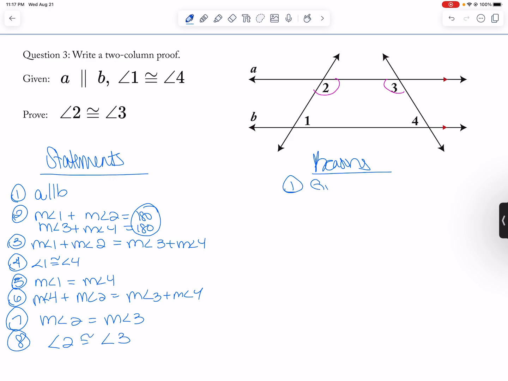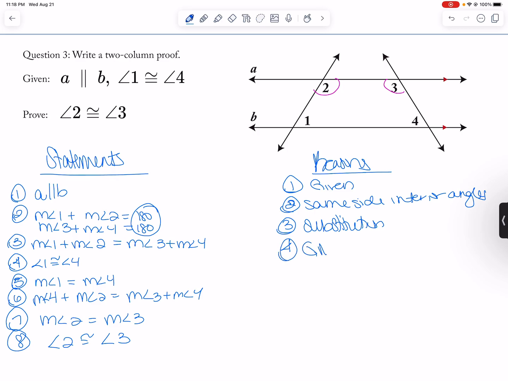So 1 is given. This is same side interior angles. And then 3 is substitution. And then 4 is given. Oops.